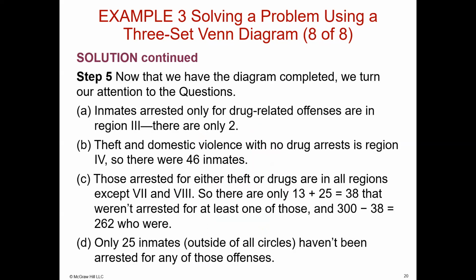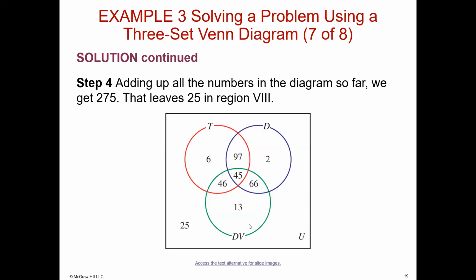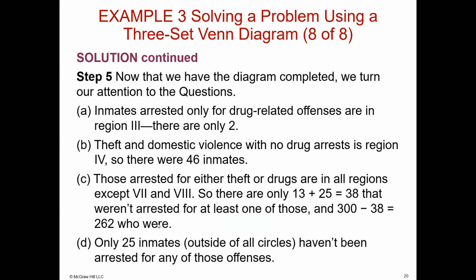So you add 6 plus 97 plus 45 plus 46 plus 66 plus 2. That should be 262. Is that correct? Yeah, 262.